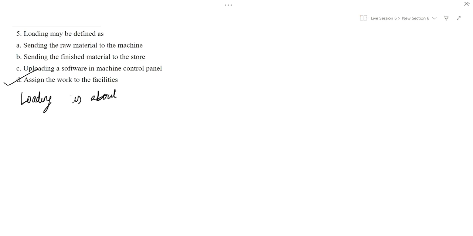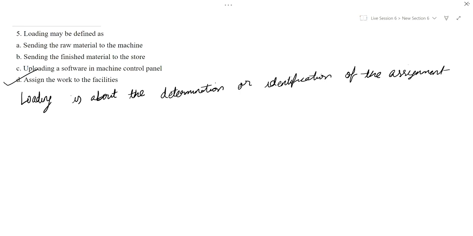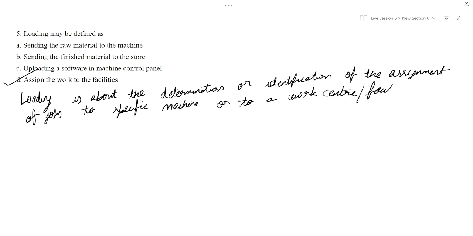Loading is about the determination or identification of the assignment of jobs to a specific machine or to a work center or facility.